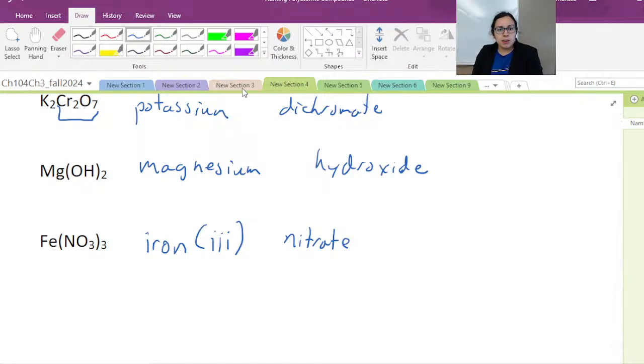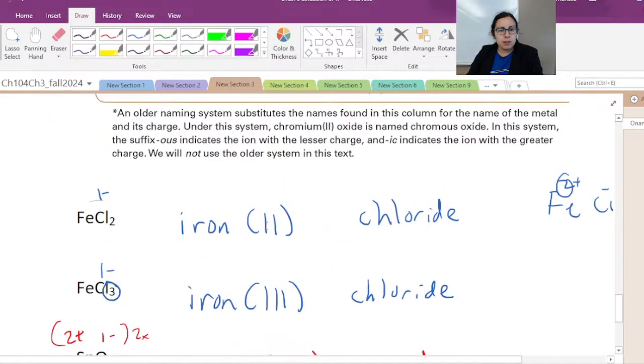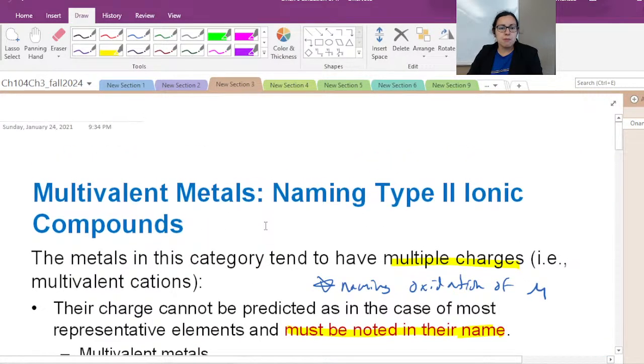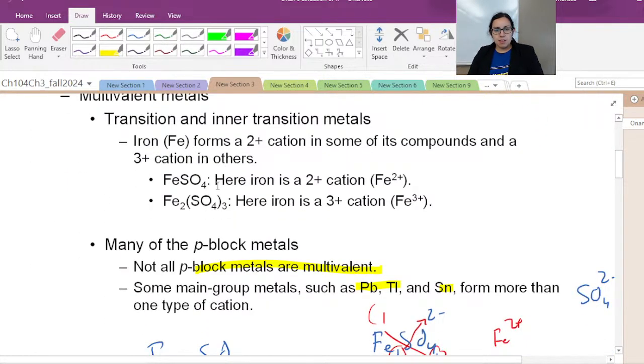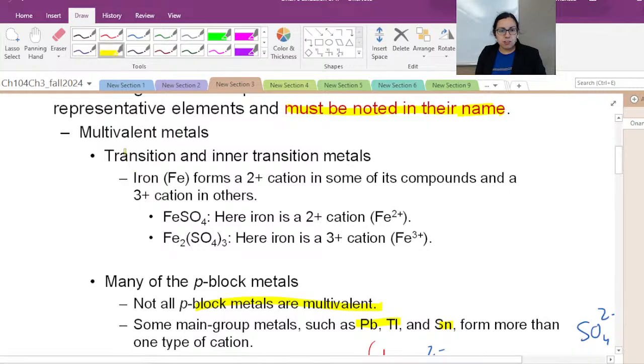So it goes back to any of the transition metals. Let's just recap. For these type 2 metals, these multivalent ones, they are going to be any of the transition metals, unless we mark them as the exception. The exceptions were zinc and silver.